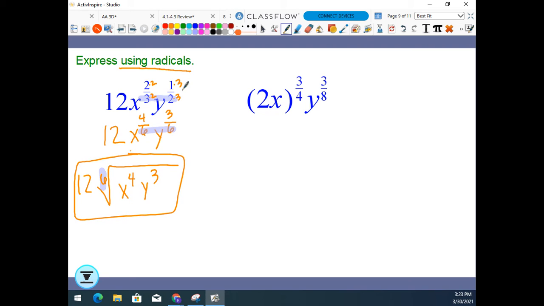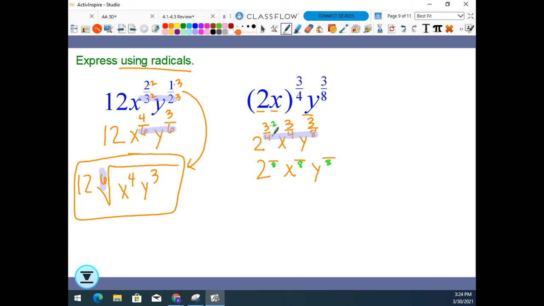So converting from rational exponents into radical form. Now, before I can do that, each base needs its own exponent. So my first step here is to rewrite each base so that it has its own exponent. Then I need a common denominator with 4s and 8s. So they all need to be 8.